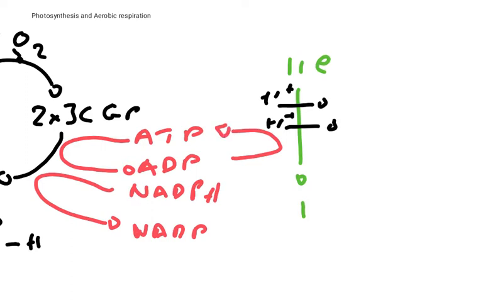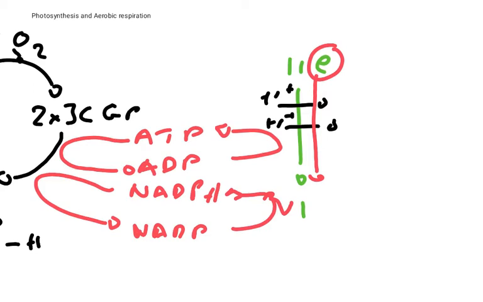Those electrons, which have been pushed from photosystem 2 to photosystem 1, then get picked up by NADP, forming NADPH. So it's the electrons that have been lost from photosystem 2 that get pushed along to photosystem 1, and these electrons finally end up reducing NADP to NADPH.